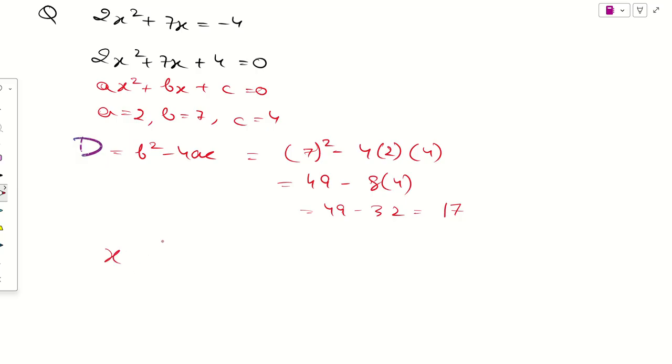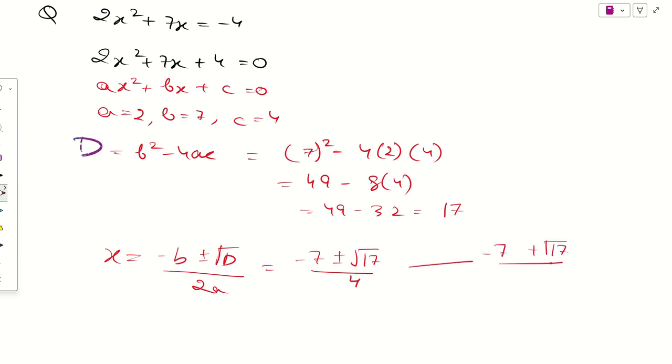If I put this value in this quadratic formula, here we have two values of x, that is minus 7 plus under root 17 upon 4, and another root is minus 7 minus under root 17 upon 4. These are your two roots of this equation.